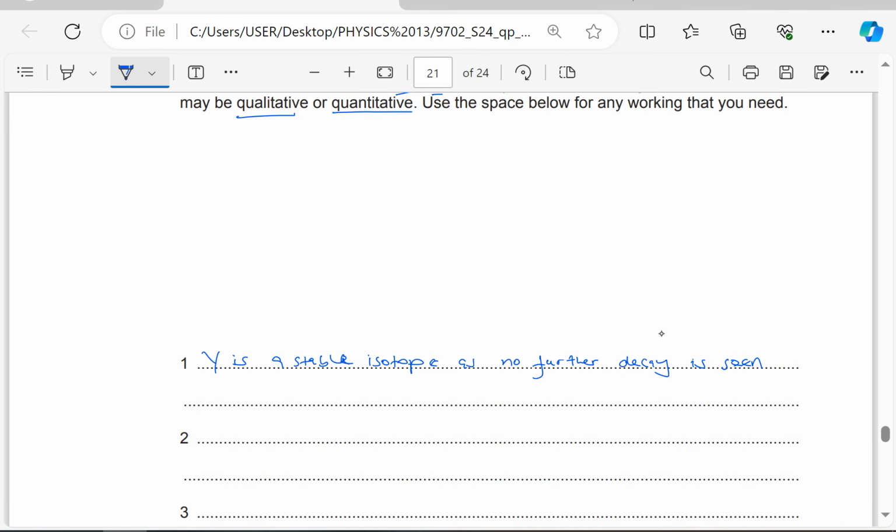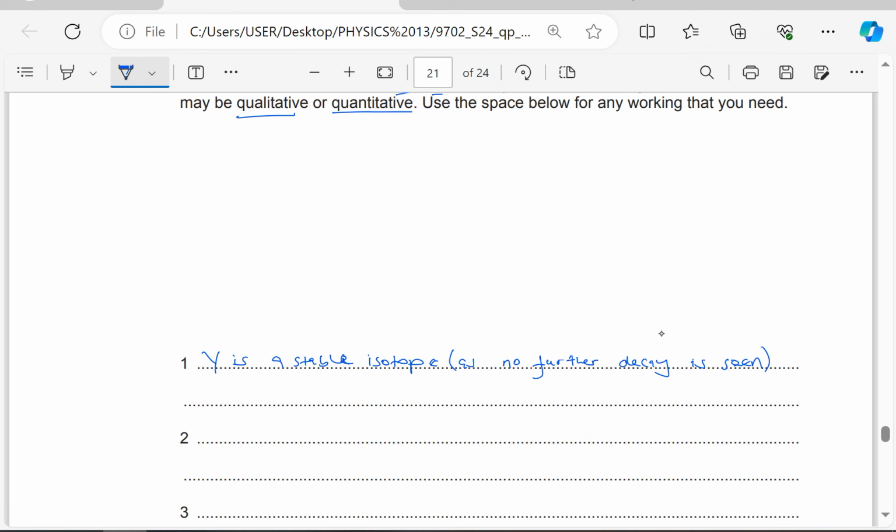Y is not decaying any further, so it is a stable isotope. I just want to put this in brackets because even if I don't give it, I still have the mark, as no further decay is seen. So Y is a stable isotope.